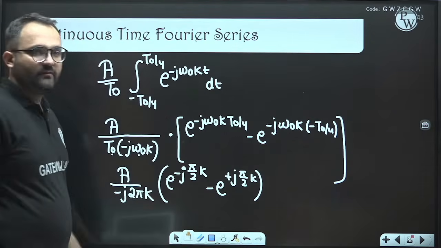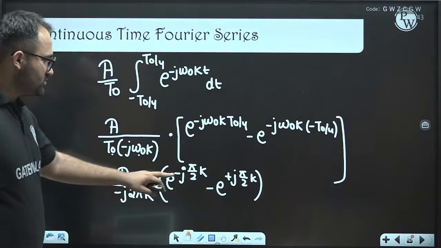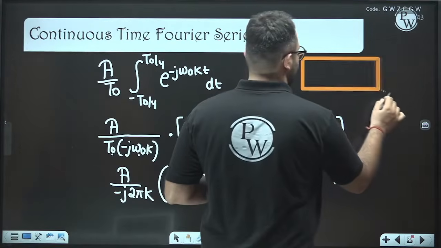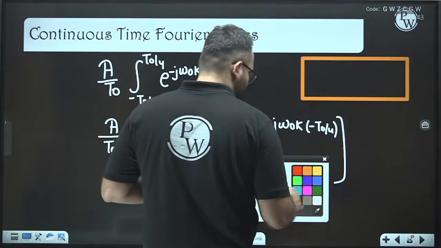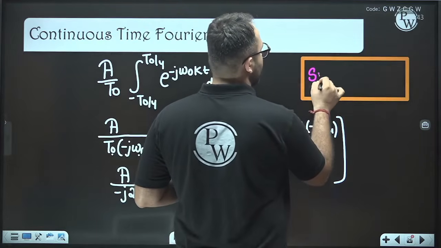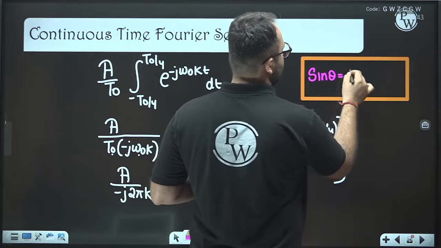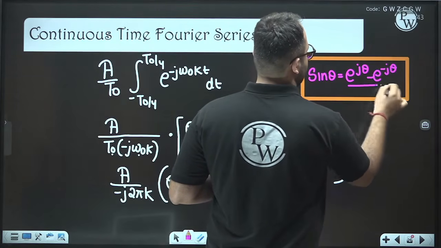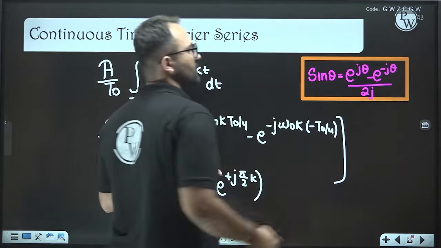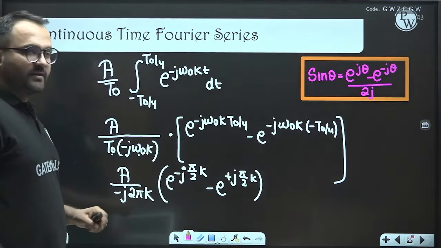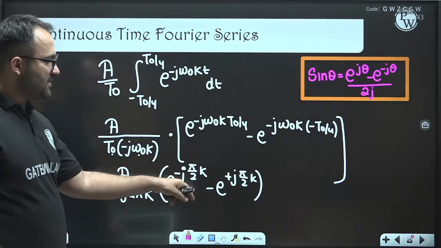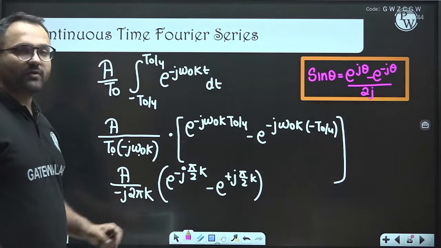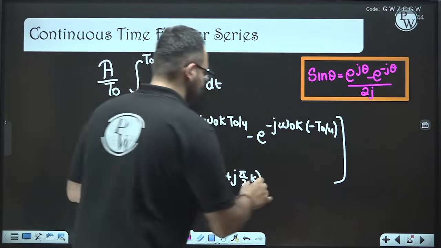Now we can see that minus 2j and this term. So always remember, this is a very important relationship. I hope all of you know this. Sin theta equals e to the power j theta minus e to the power minus j theta divided by 2j. If we compare this, we can see that it is e to the power minus j theta minus e to the power plus j theta divided by minus 2j. Great. So this will convert into a sine term.